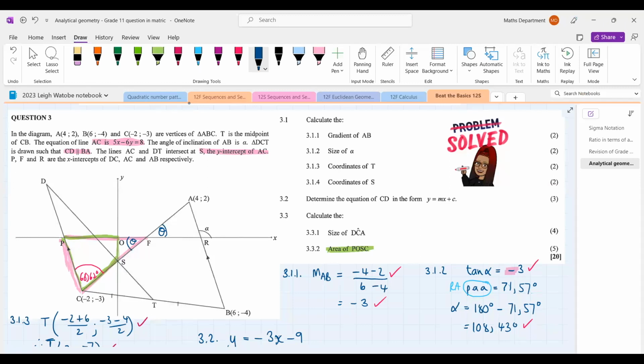And then we already know that F and P are x-intercepts, so we can find their coordinates and find the distance. Then we find the area of the big triangle, and then minus the area of the small triangle, which is OSF, and then we get the area of the POSC.